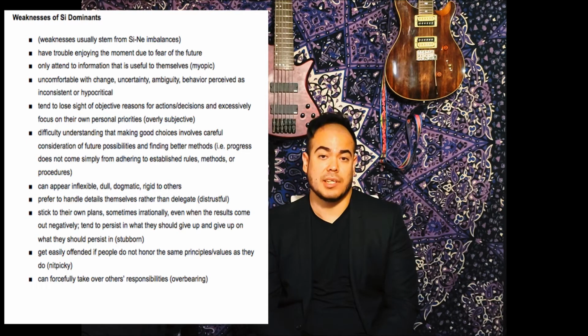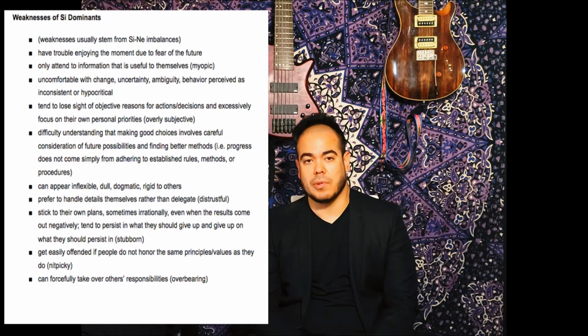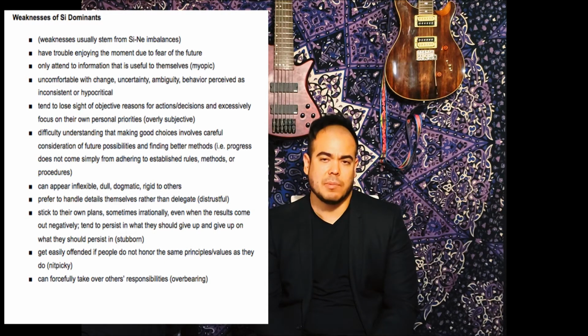And it's unfortunate, too, that sometimes some people of this cognitive function, some SI DOMs, can be so persistent in wanting to keep doing things the way they've always been done, that even if statistically speaking or if factually speaking, stuff doesn't work or their system doesn't work, and they keep doing the same thing just because they're stubborn, this can be very troubling. If you have a family, if you have people who are dependent upon you, this is something that needs to be worked on, that needs to be balanced out.